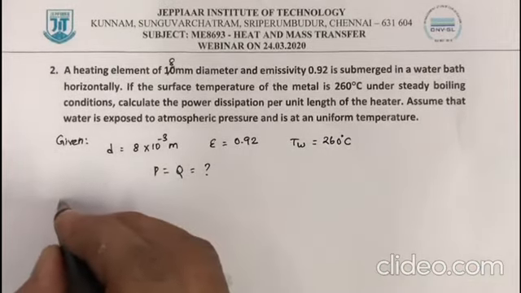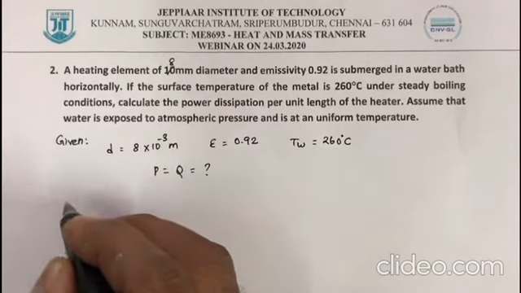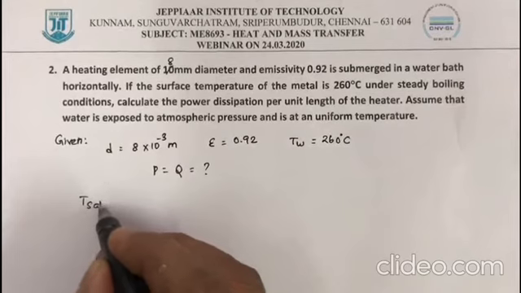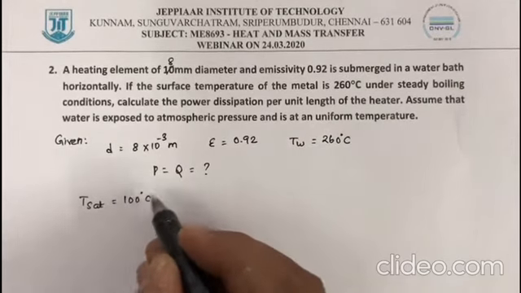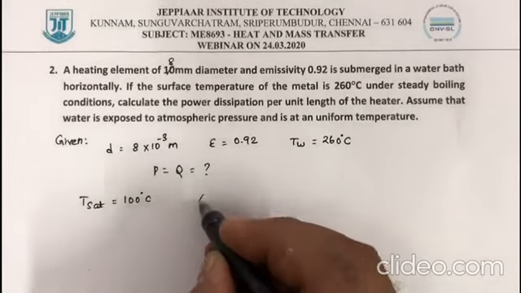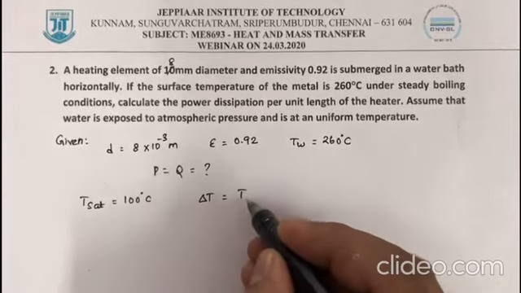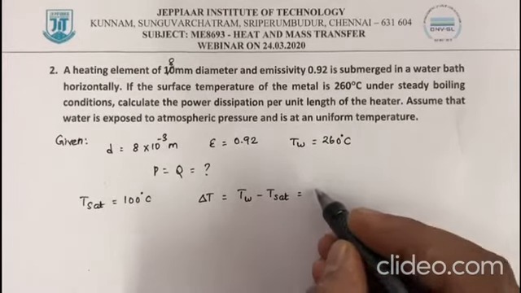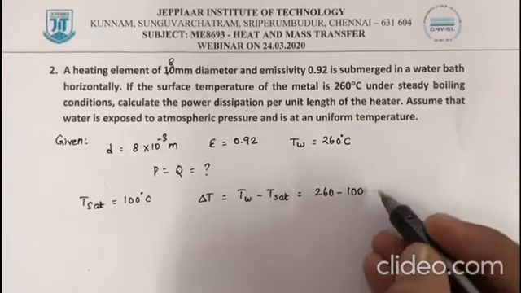So now you see here the saturation temperature of water is 100 degree Celsius, and the delta T here is TW minus Tsat, which is 260 minus 100.